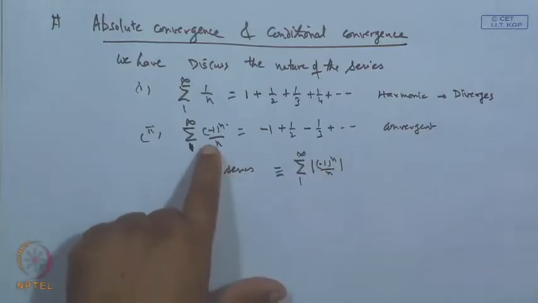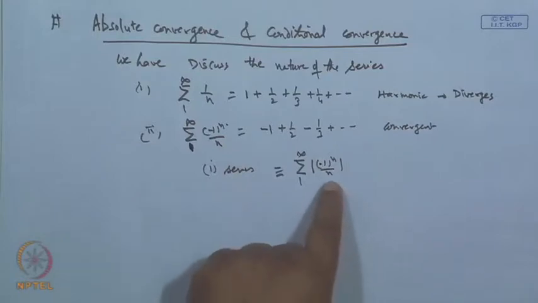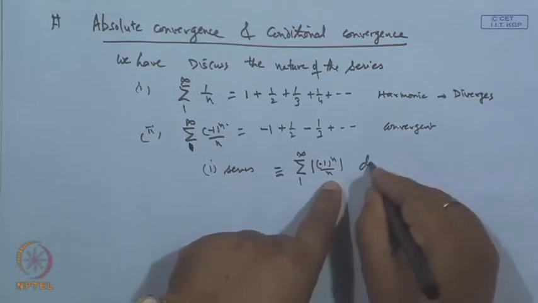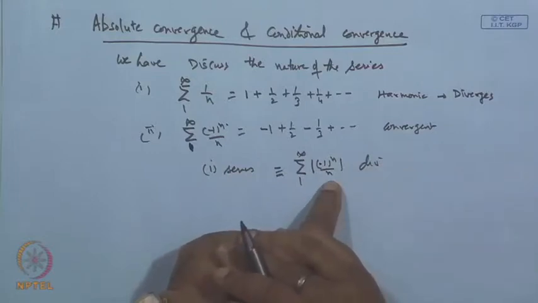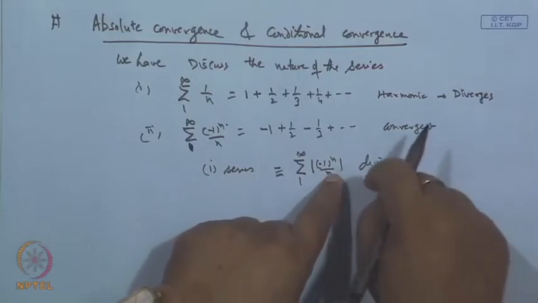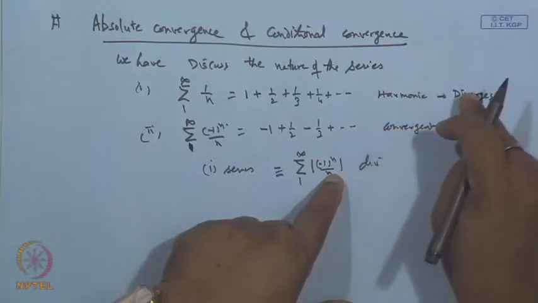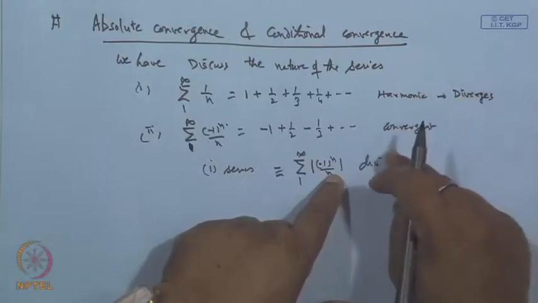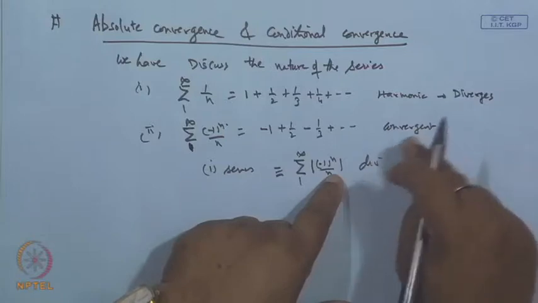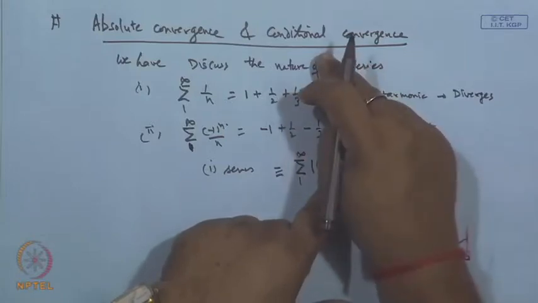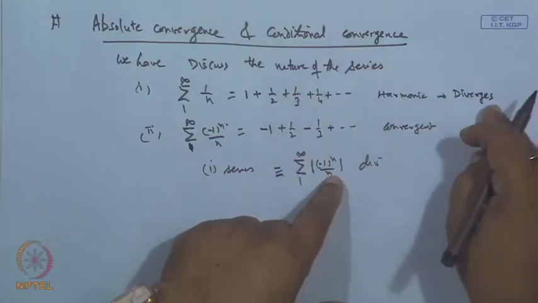So, the original series is convergent, but when you take the sum of its absolute terms, it diverges. So, this shows that convergence can be broken up into two types. One we call conditional convergence, another one is absolute convergence.